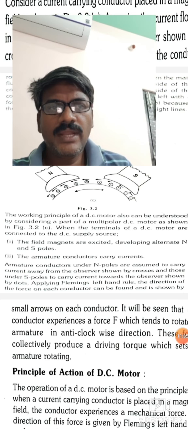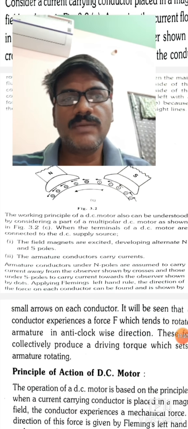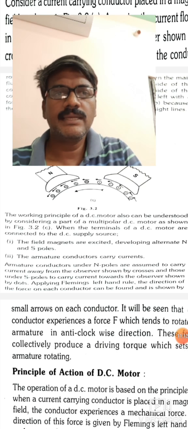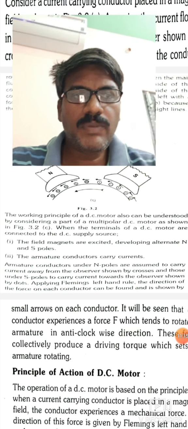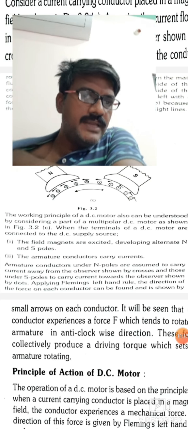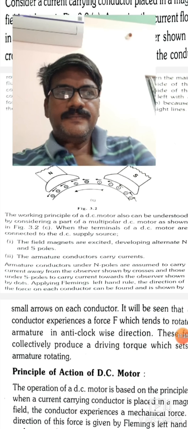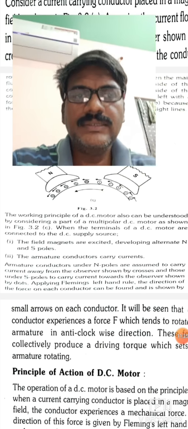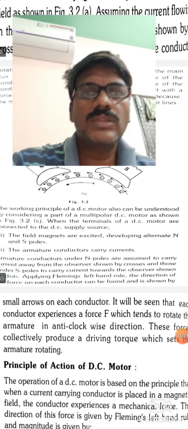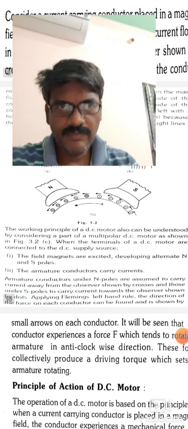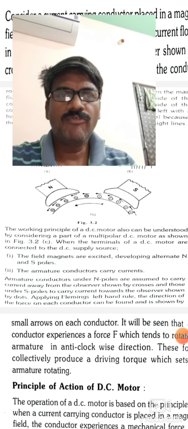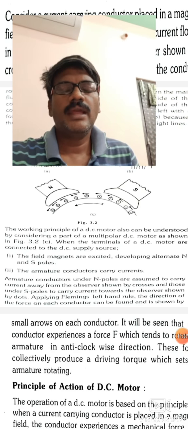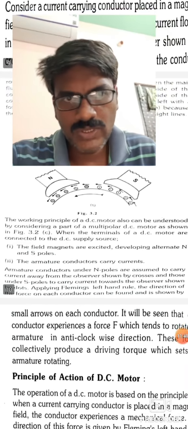When the terminals of a DC motor are connected to a DC supply source, first, the field magnets are excited and develop alternate north and south poles.